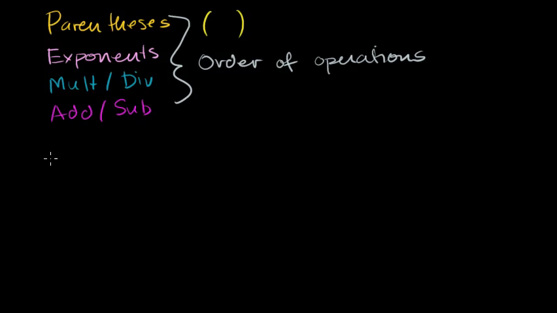So let's say I have 7 plus 3, put some parentheses there, times 4 divided by 2 minus 5 times 6. So there's all sorts of crazy things here.